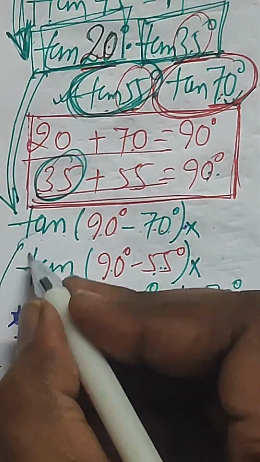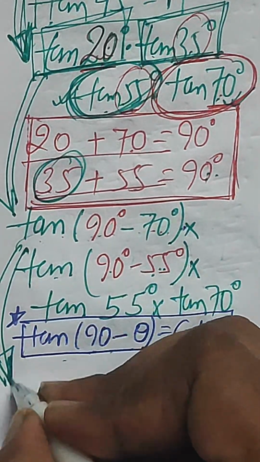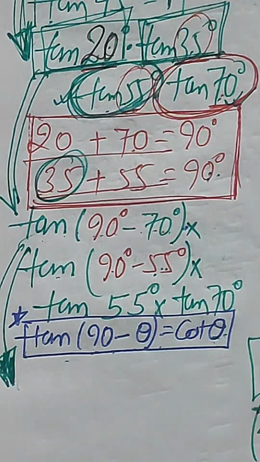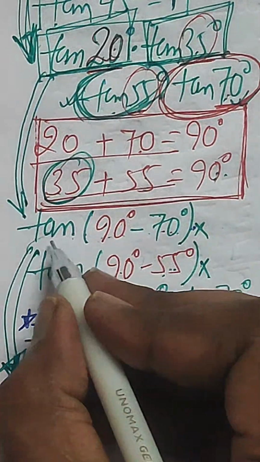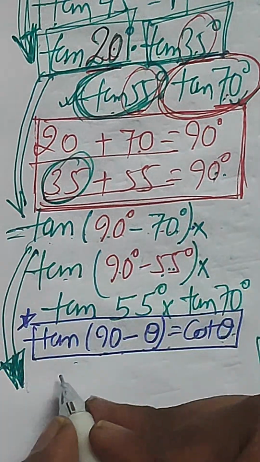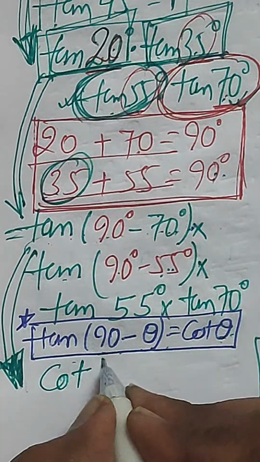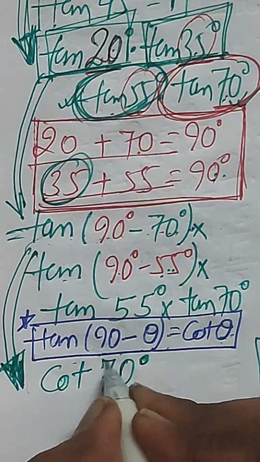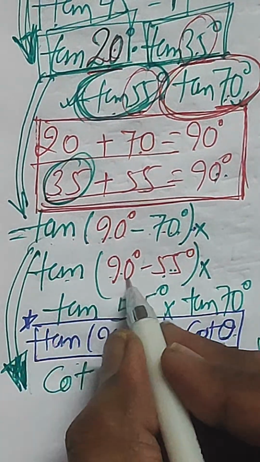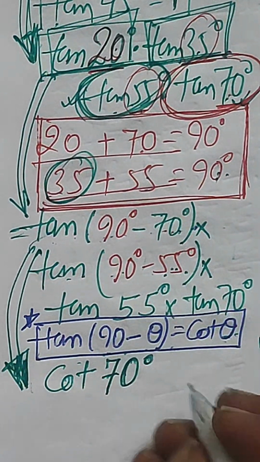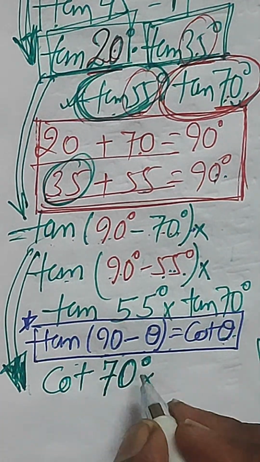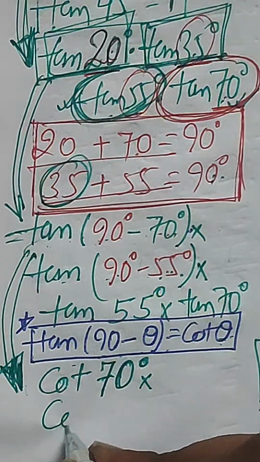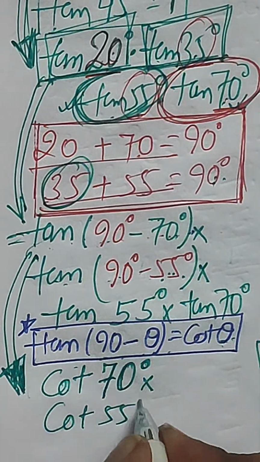So this LHS will be looking like this. How? Tan 90 minus 70 will be equal to cot 70 degree, right? And this tan 90 minus 55 will be cot 55, isn't it?